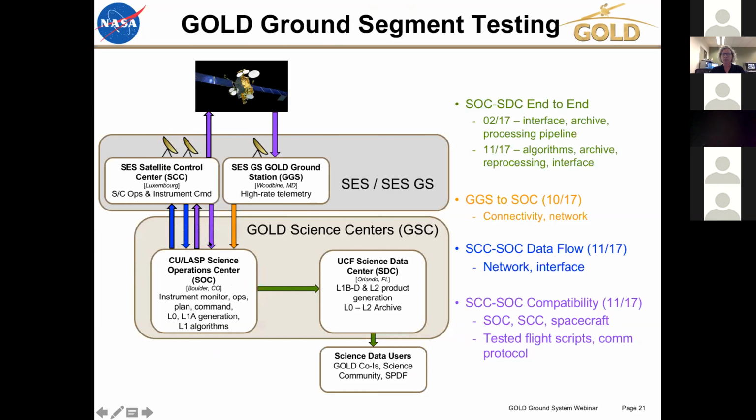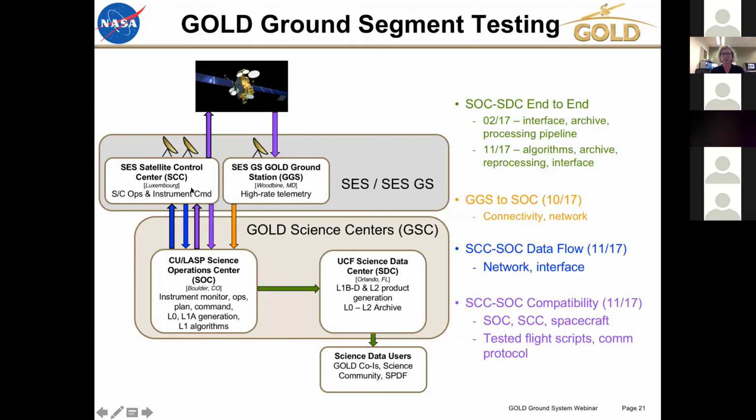And the items listed in purple for the SCC SOC compatibility test, we really were able to test the interface between the SOC and the satellite control center, but also at the time, the SES-14 spacecraft was still at Airbus on the ground, and so we weren't able to test these antennas, which were tested in a separate test, but we were able to test the link in this end-to-end fashion.